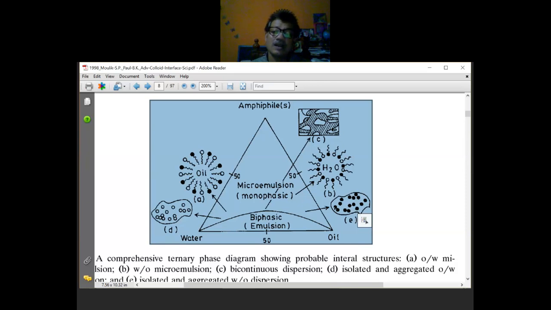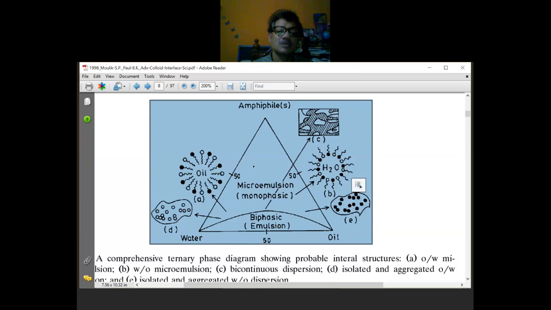If you go on adding water into it, if you move towards the left, you see on your right hand side, you are dispersing water in oil, where the surfactant molecules act as a protecting monolayer. So you get a water in oil dispersion or water in oil microemulsion.